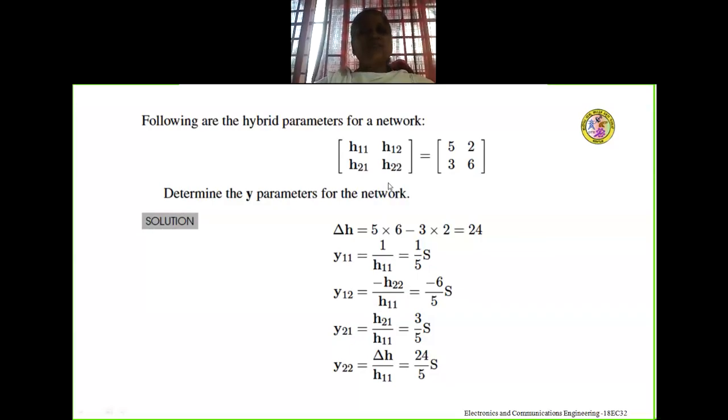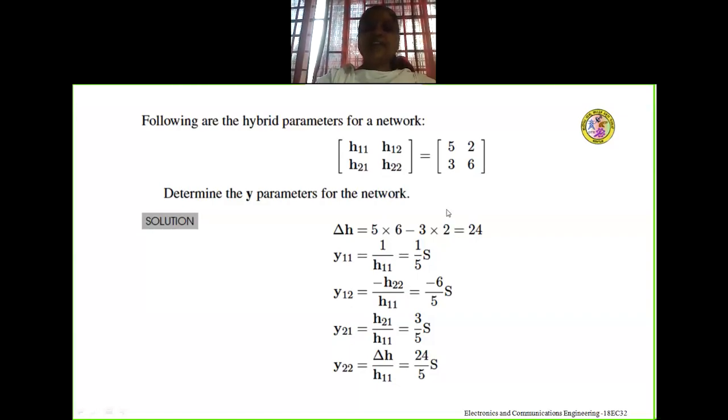Y11 is 1 by 5. Y12 is minus H12 divided by H11 is equal to minus 2 by 5. And Y21 is the ratio of H21 by H11 is equal to 3 by 5.